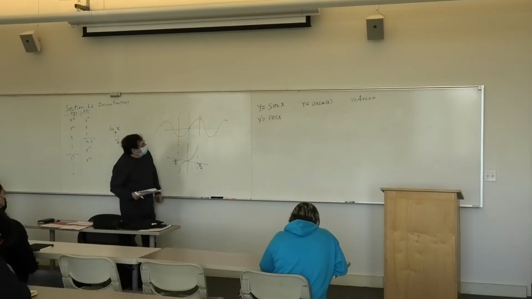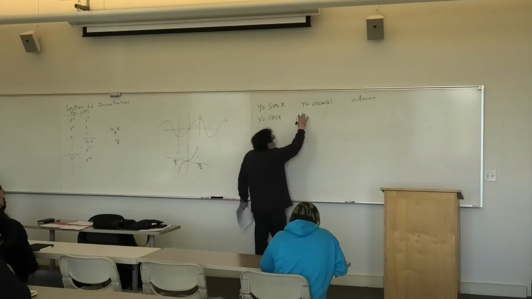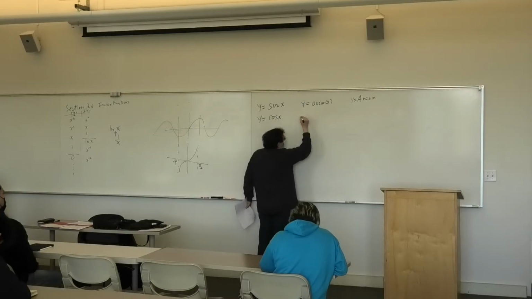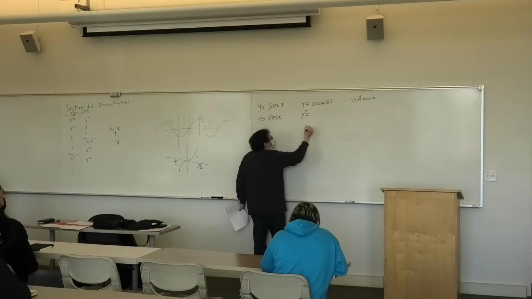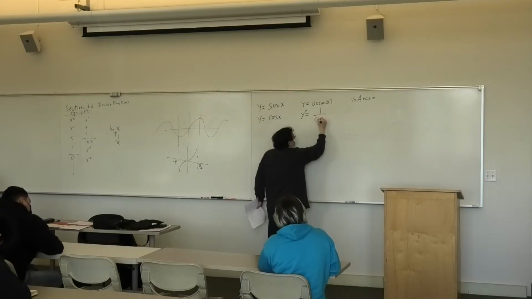All right. So what do we know about this function, or its inverse? I'm sorry, its derivative. The derivative is going to be 1 over the derivative of the function.